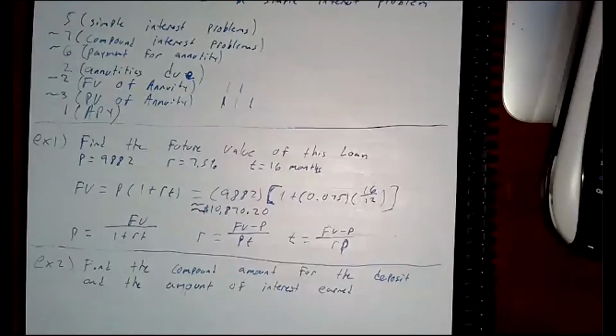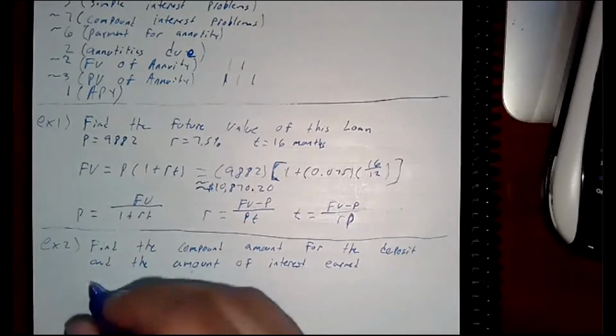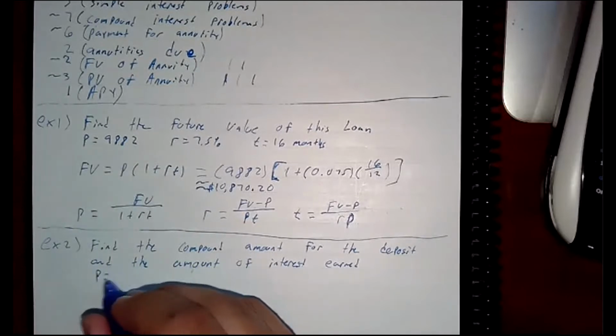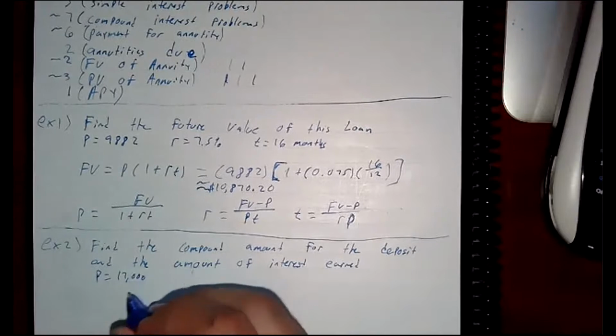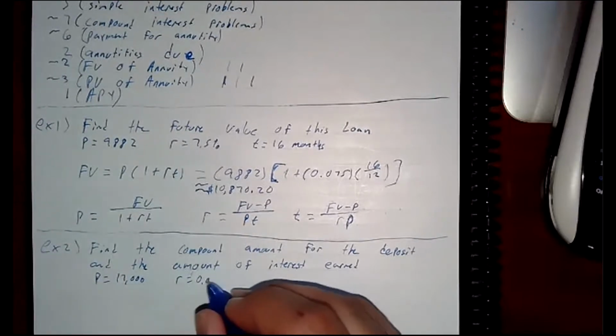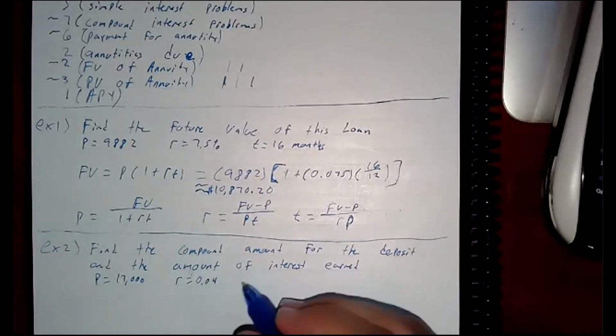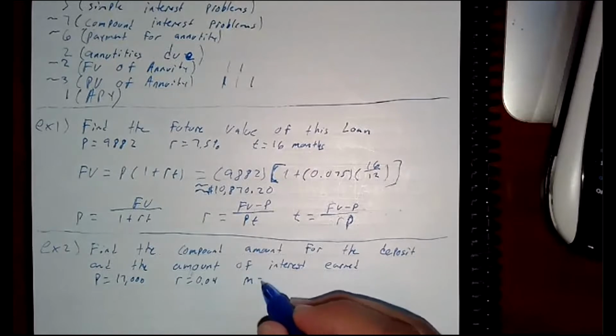Okay, so they said that $17,000 at 4% compounded monthly. So principal, $17,000. Rate is 4%. I'm going to go ahead and change it to decimal. Compounded monthly, so M is 12.